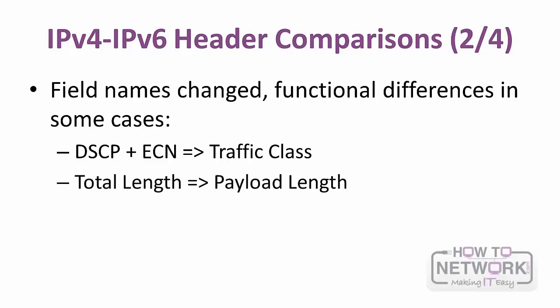Total length changed to payload length. IPv4's total length field includes both the IPv4 header and the data, whereas the IPv6 payload length field only specifies the number of bytes of data or payload, including any extension headers, and does not include the main IPv6 header.